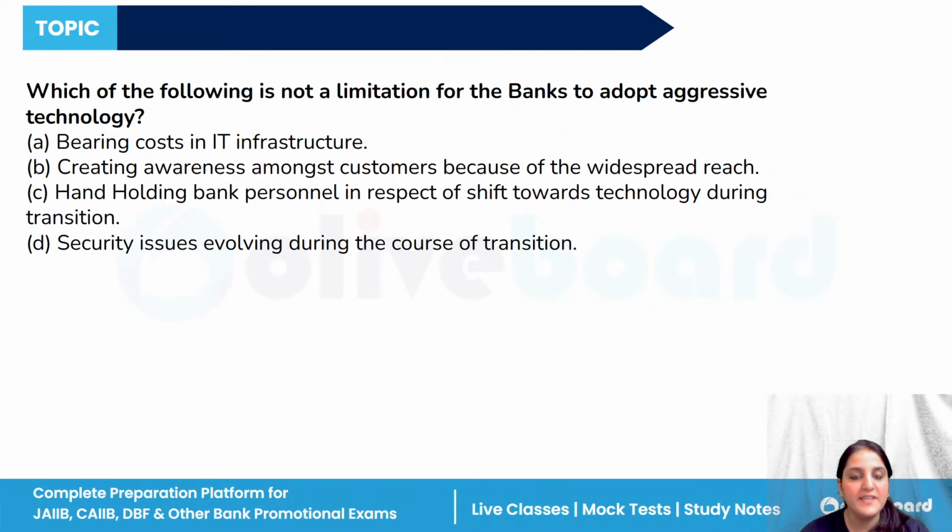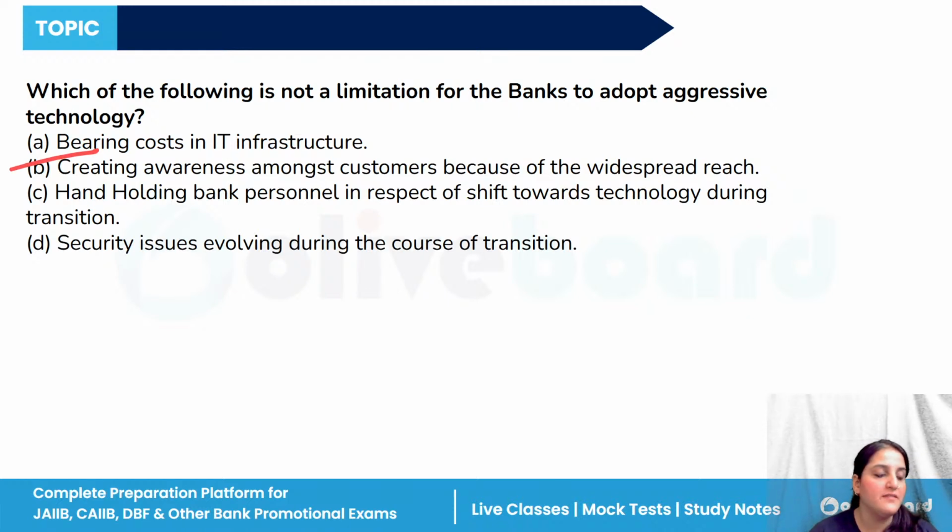Which of the following is not a limitation for the banks to adopt aggressive technology? Creating awareness among customers because of the widespread reach is not a limitation for the big banks to adopt aggressive technology.